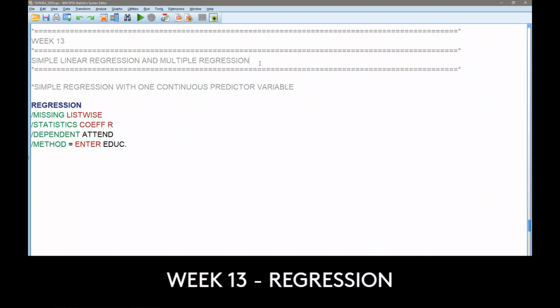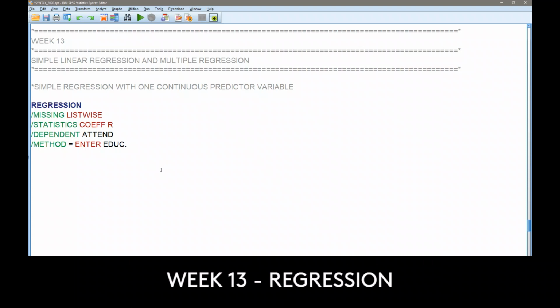Now I want to preface this by saying that I will be using variables that we have coded in class already. If you try running this syntax and you're getting an error saying that variable doesn't exist, you might want to look back in your notes and find the proper syntax to recode these variables.